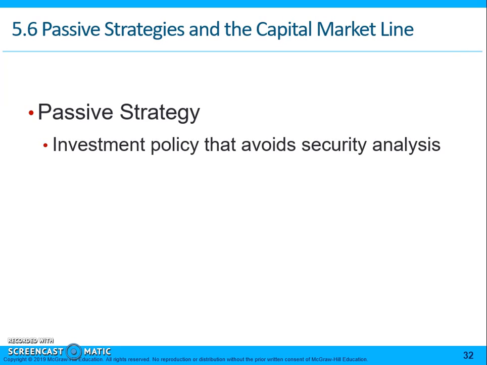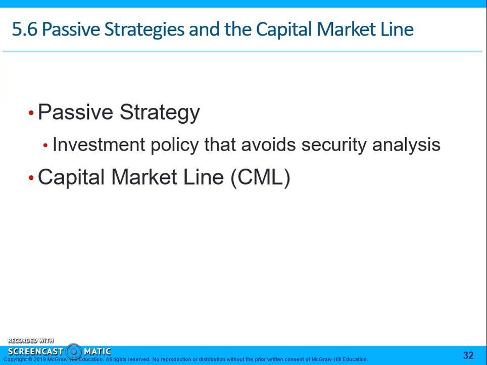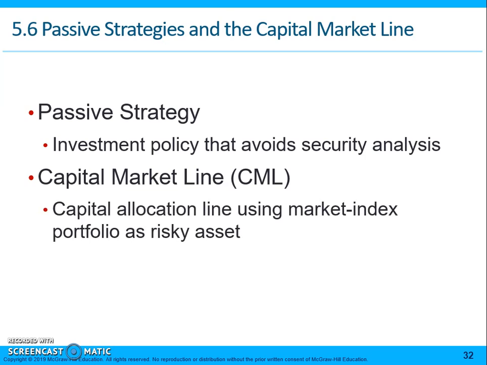Passive strategy is an investment policy that avoids security analysis. Simply, you're going to invest in the market portfolio. The capital market line is a capital allocation using the market index portfolio as a risky asset. The investor's choice is just what portion of their assets to put into that risky portfolio.